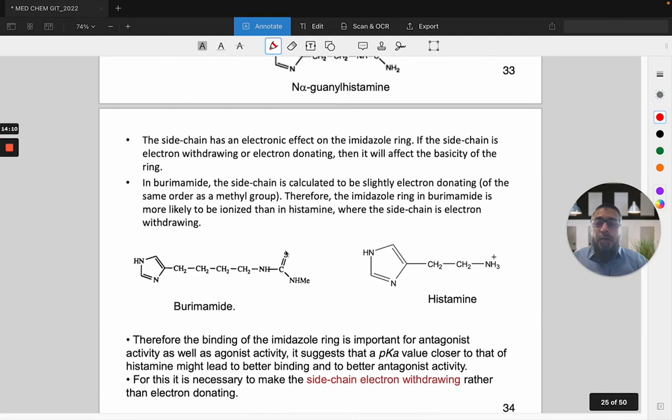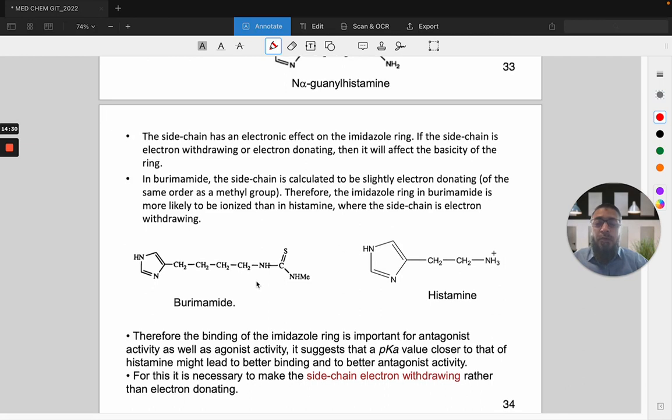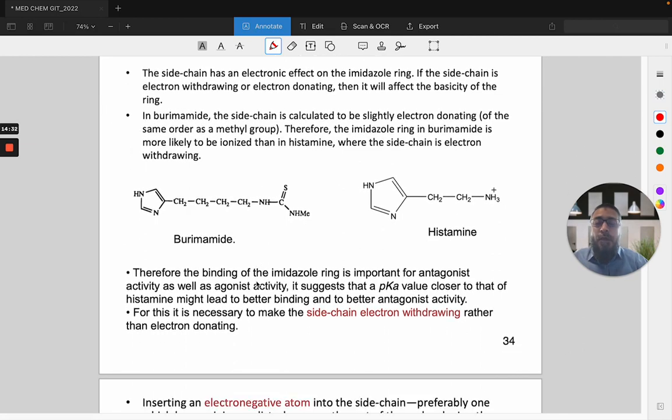So in burimamide, the side chain is calculated to be a slightly electron donating group. Therefore, the imidazole ring in burimamide is more likely to ionize than in histamine, where the side chain is an electron withdrawing group. So therefore, the binding of the imidazole ring is important for the antagonist as well as the agonist.